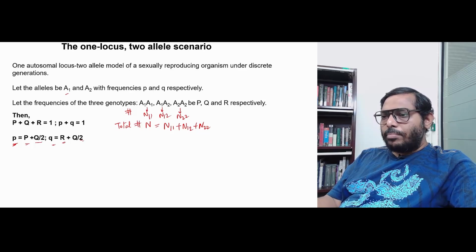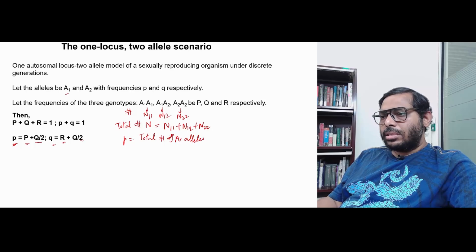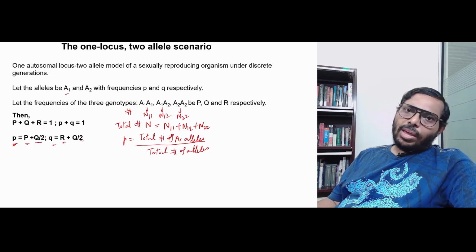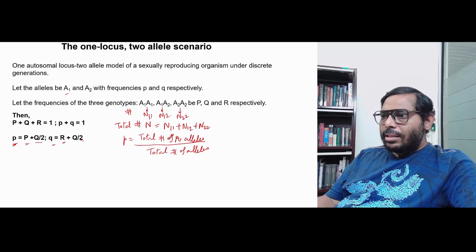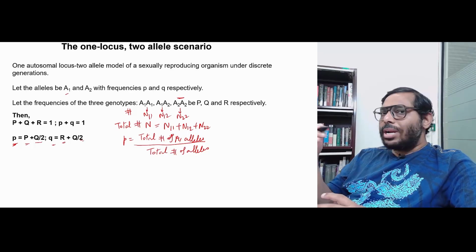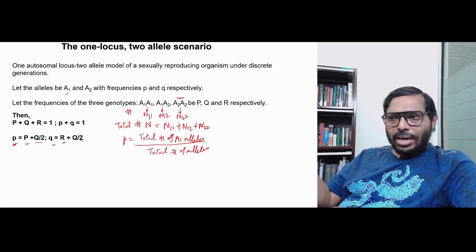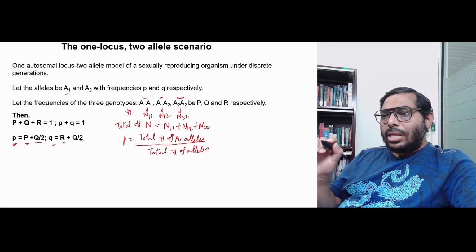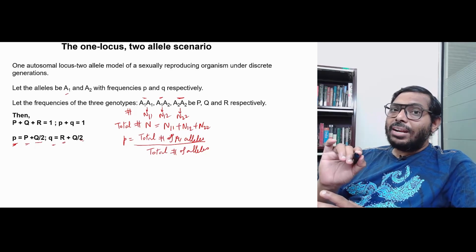Now, this small p is equal to the total number of A1 alleles divided by the total number of alleles, right. Now, what is the total number of A1 alleles? Remember that the A2A2 folks do not have any A1 allele, right. So, we can disregard them. The A1A1 folks and the A1A2 folks are the only ones that have the A1 allele, but they have it in different numbers.